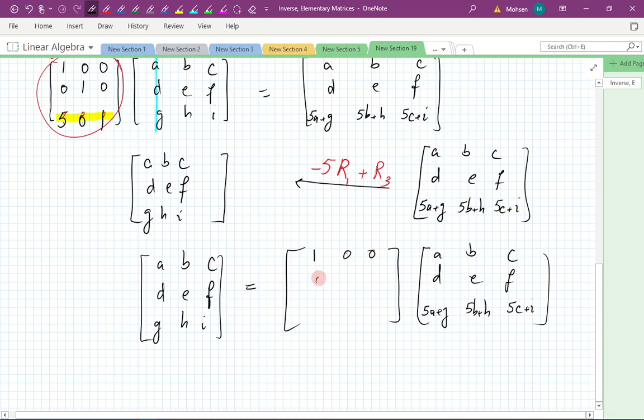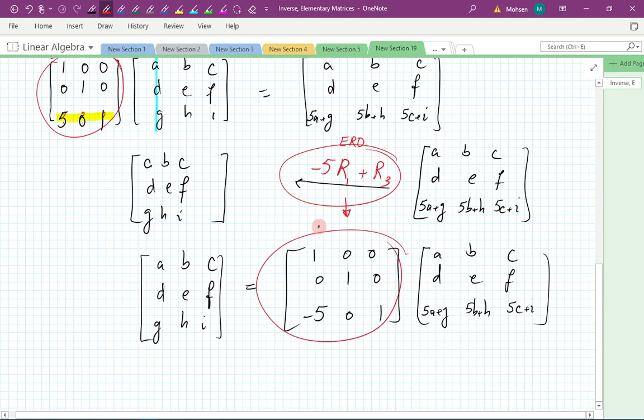Untouched means that portion of identity. So if I multiply the first row by -5 and add it to the last row, I get rid of that tag along piece, and I go back to what I was. So again, this is an elementary row operation, and it corresponds to the elementary matrix that goes hand in hand with it.